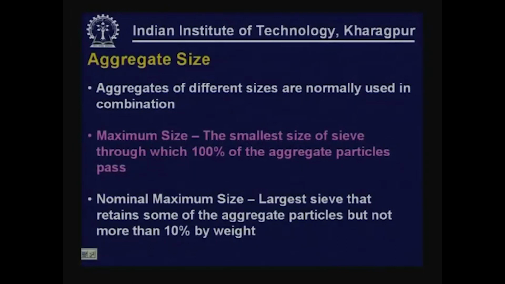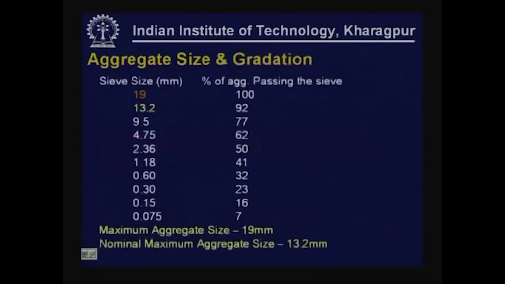Maximum size is the smallest size of sieve through which 100% of the aggregate particles pass, whereas we use another term to represent the largest size that we use in combination. This is nominal maximum size. This is the largest sieve that retains some of the aggregate particles, but the retained portion should not be more than 10% by weight. We will see the meaning of these two terms in the next slide.